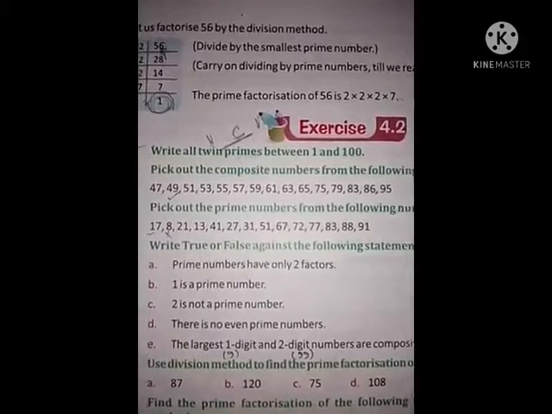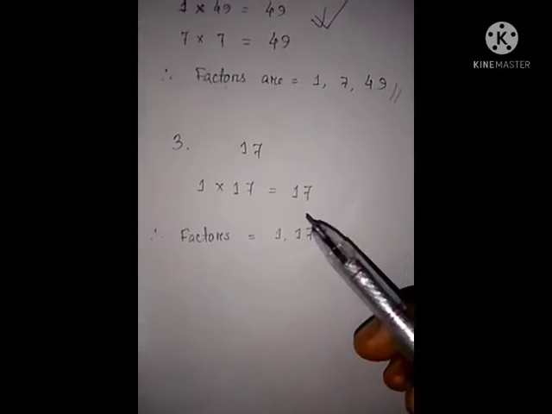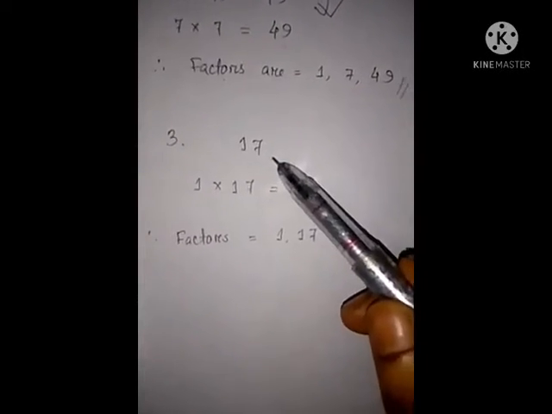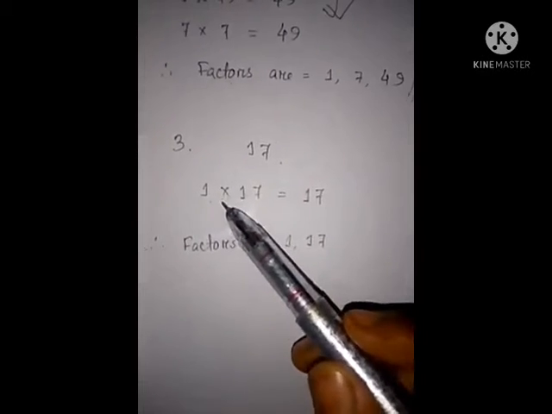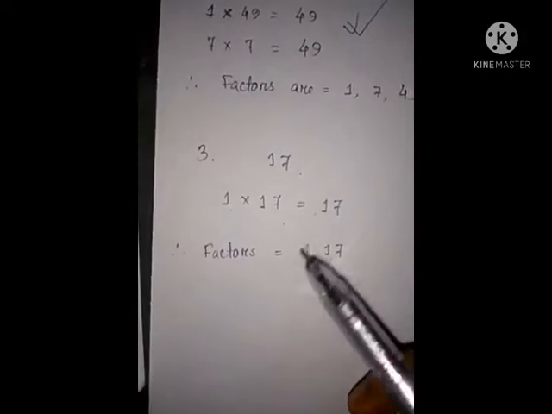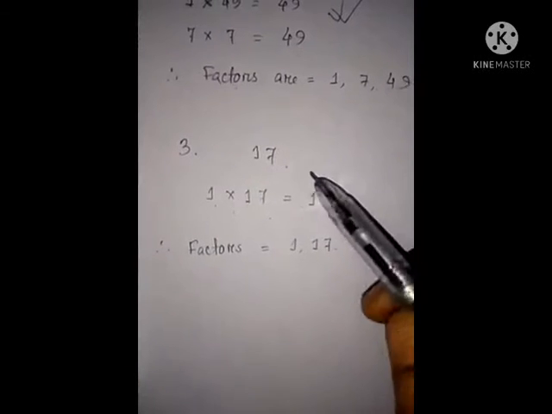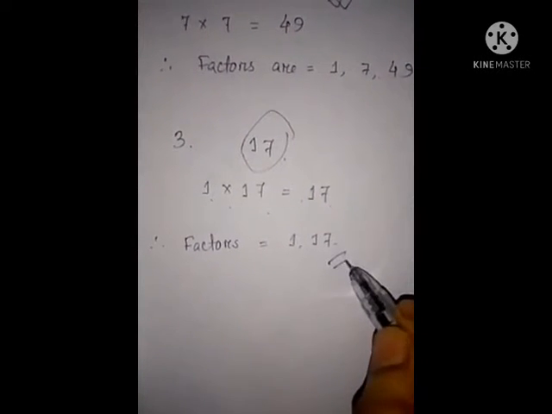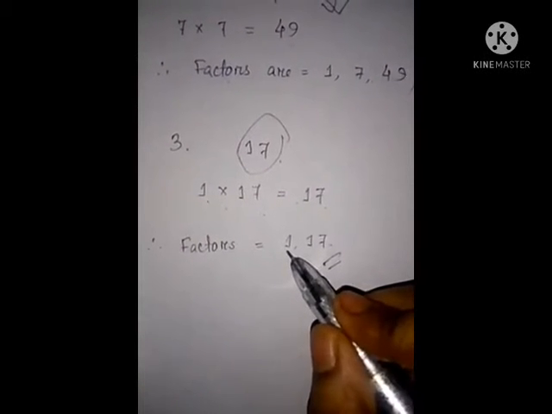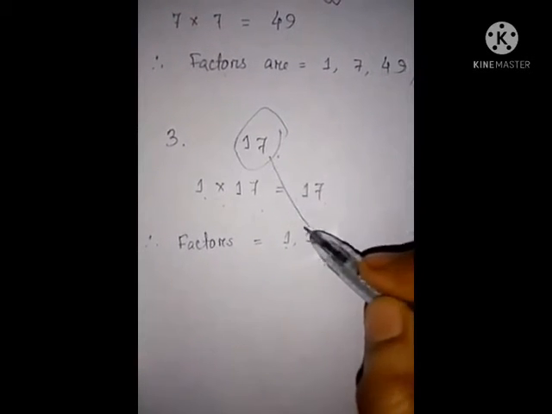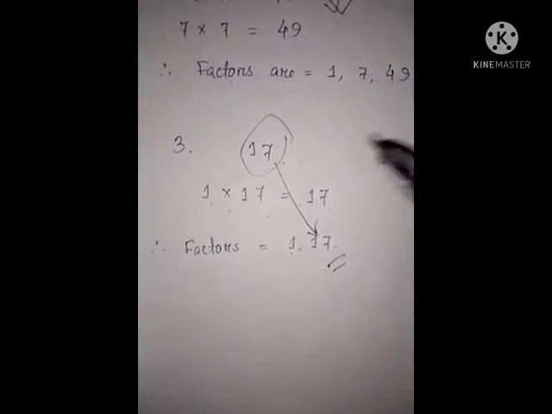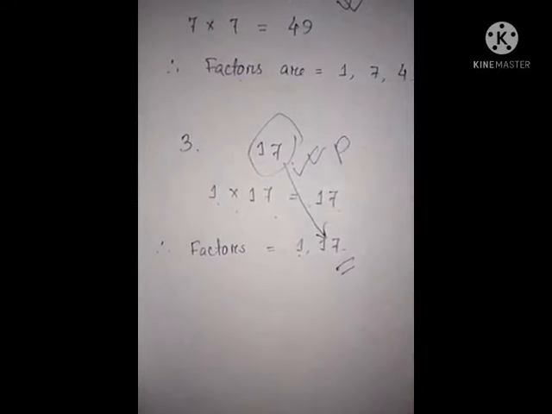Let's take an example. See this, 17. By multiplication, 1 into 17 is equal to 17. So the factors are 1 and 17. So 17 has only two factors. One is 1 and the other is the number itself. Right? So 17 is a prime number.